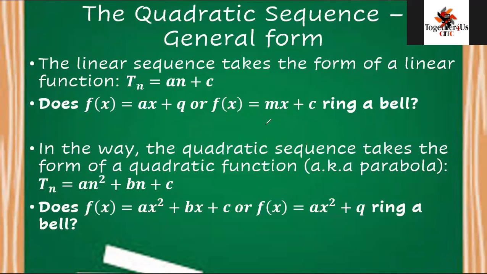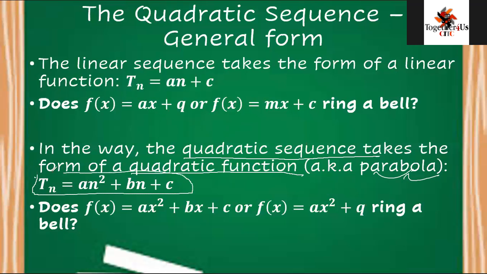So that's just it. So in the same way, guys, if you think of a quadratic sequence, it should then take the form of a quadratic function, which you know as a parabola, right? So it has this form as I introduced it subtly in the previous video. It has the form Tn equals an squared plus bn plus c.